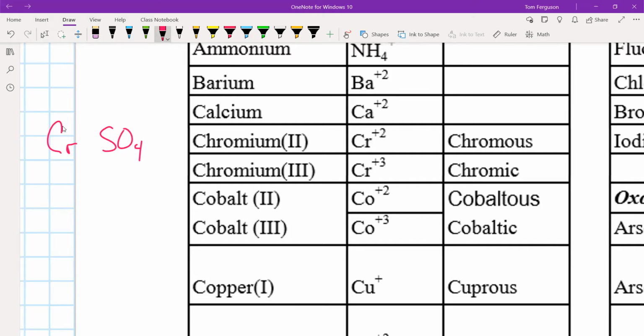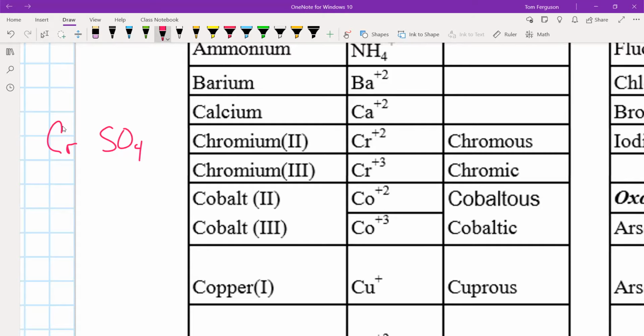So if I gave you the formula, CrSO4, what are the 2 ways of writing that? Well, sulfate is a -2, and there's 1 to 1, so that means what charge must the chromium be then? What must the charge be? +2, right? Okay, that means it's a +2, that means it's chromous.